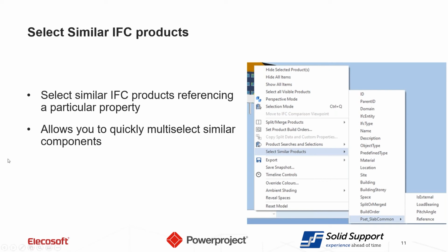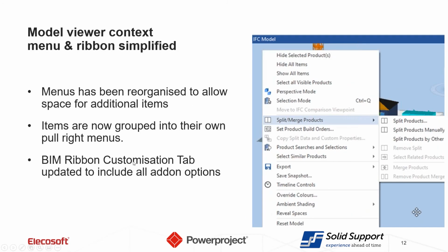Now, I'd say one of the other things in here, if you've previously seen the BIM side, what we have done inside the latest release, we've enhanced the menu, so we've added some levels into here because we've added new features. We've had feedback as well that people don't want to have a very large menu.